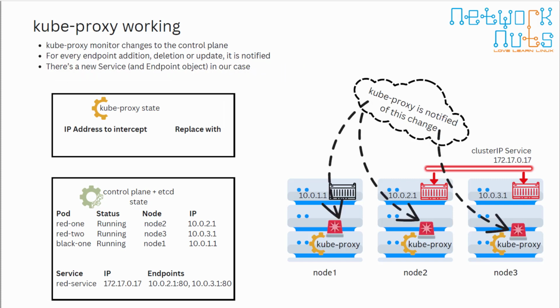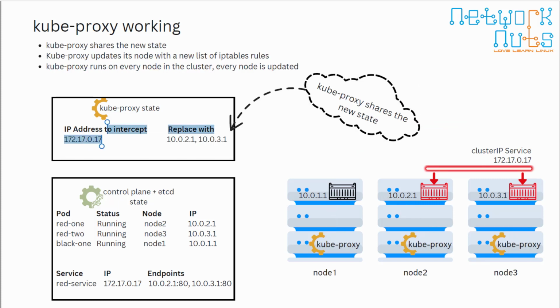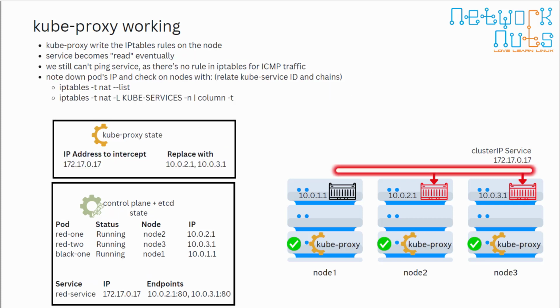The moment you add or delete anything in the control plane etcd, Kube-Proxy gets alerted that something changed. It then changes its database, the service IP, and adds this rule. The same rule gets added on every machine's iptables, the green ticks.